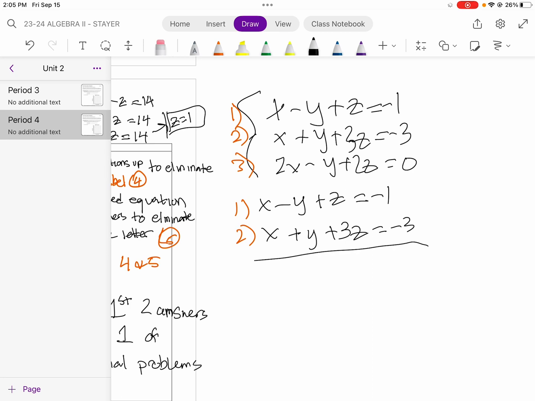The y's are out of here. 2x plus 4z equals -4. That is what we're going to call equation 4. Notice Nolan saw that y canceled so nicely with 1 and 2.